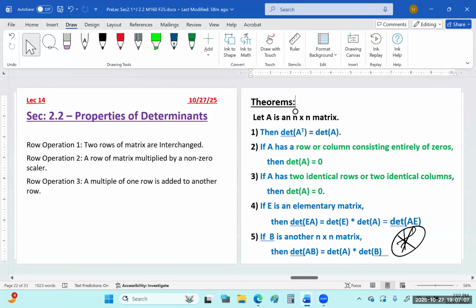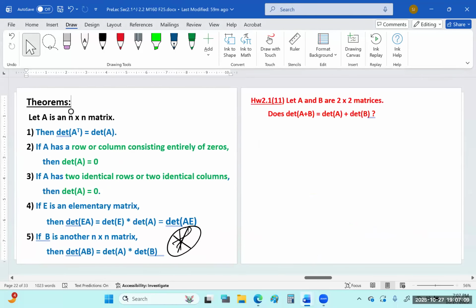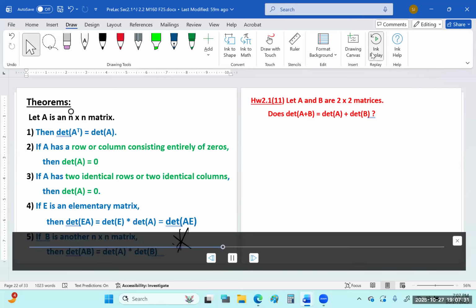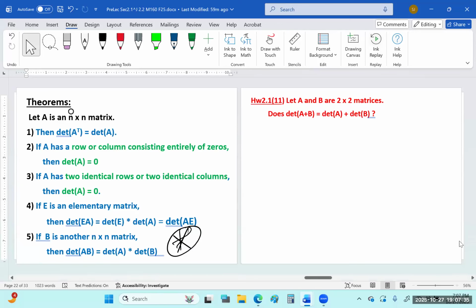The first question is asking, well, is this true for addition and subtraction? Is the determinant of the sum of 2 matrices or difference of 2 matrices is same as the sum of the determinants or difference of the determinants? Is this true or is it not true? What do you think?